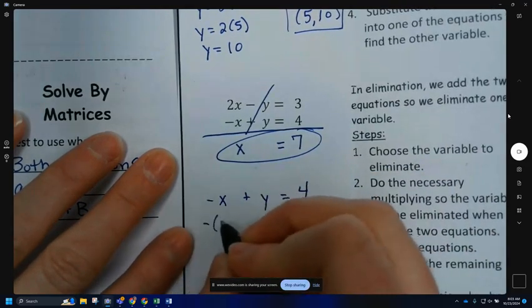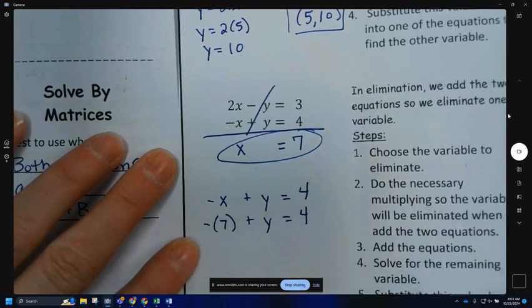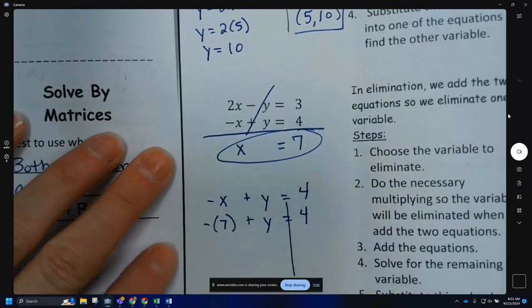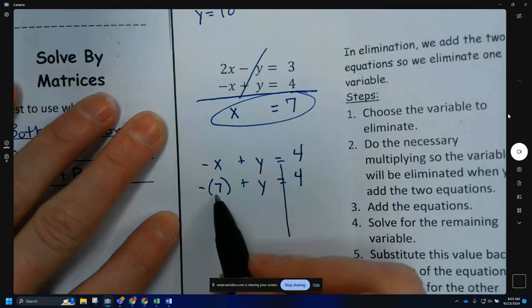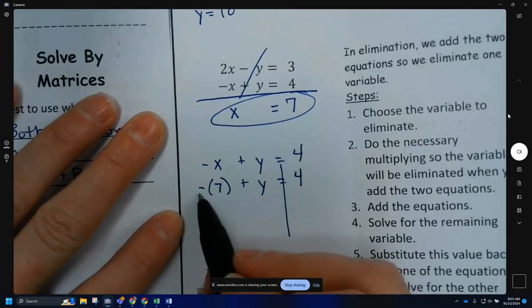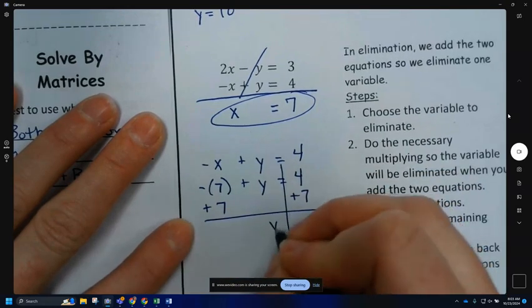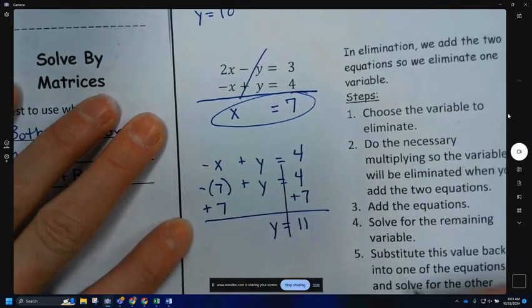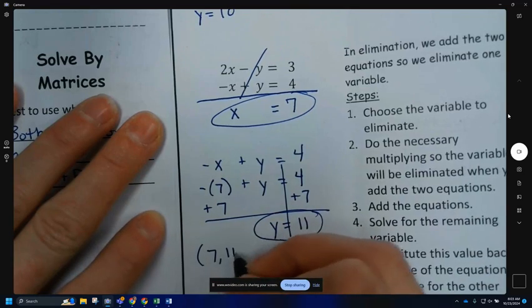So negative 7, because 7 is x, plus y equals 4. We're going to solve this out. These parentheses don't change anything, I could take them off, but I want to get rid of this, so I'm going to add 7 to both sides. y equals 11. So my solution is (7, 11).